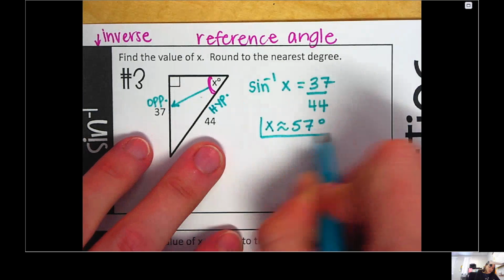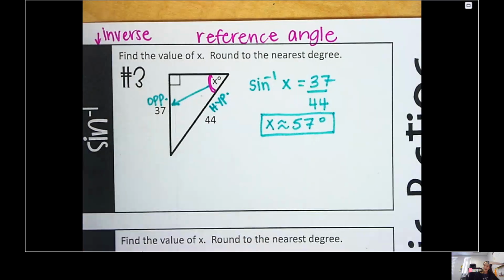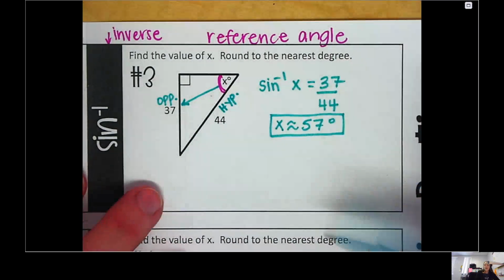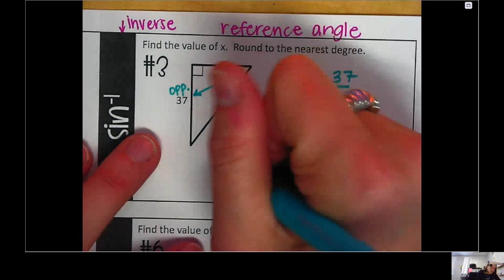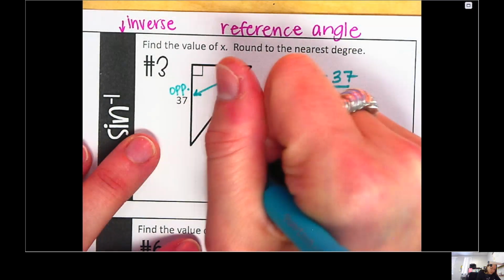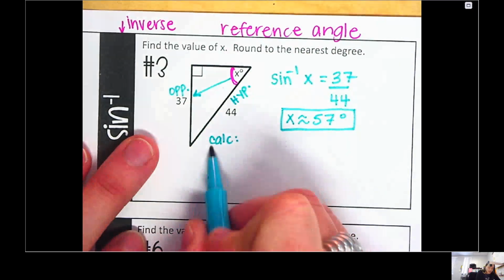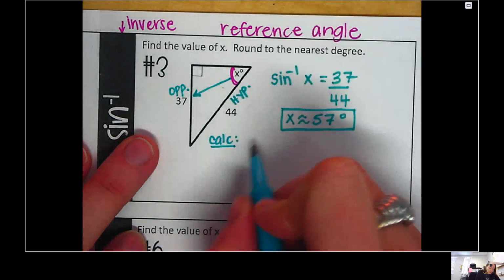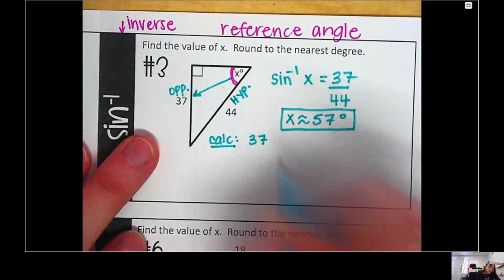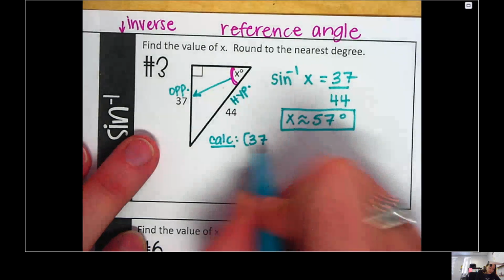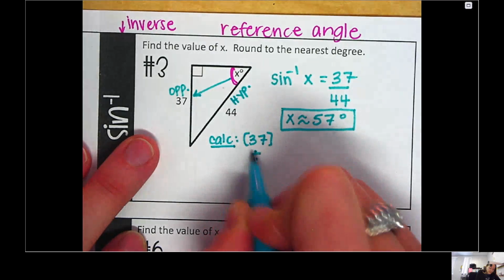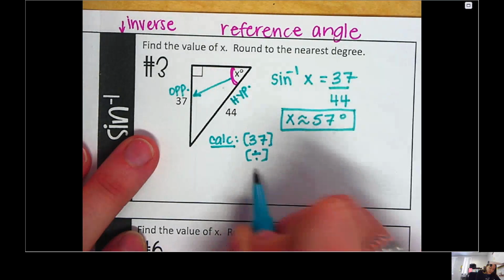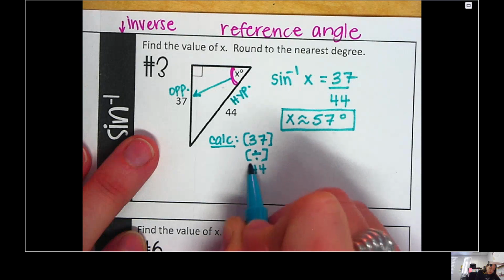So I like these more because it's way easier. So let's just write down what we put into our calculators or our phones so that we remember. To put this in our calculators, we first push 37, then we push divided by, then we push the bottom number 44.